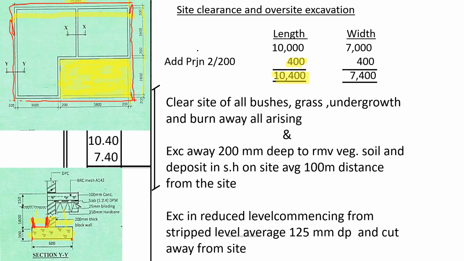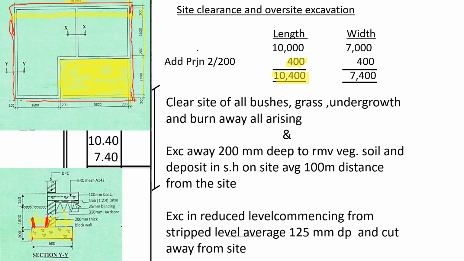So when we are taking off and measuring for site clearance, because the plan has a recess at the corner, we assume the plan is a rectangle, then we shall deduct that rectangle that has recessed into the inside.